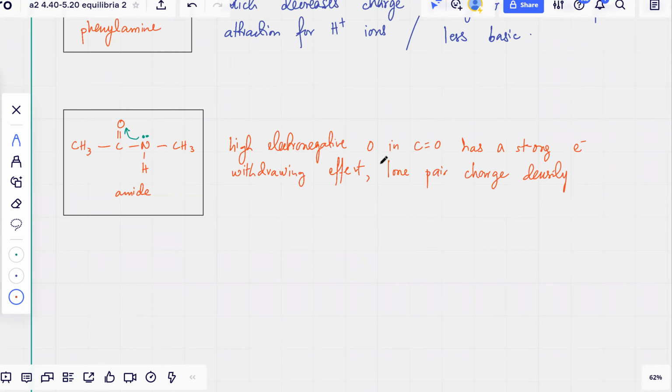So, a strong electron withdrawing effect, and the lone pair charge density overlaps with the pi electron cloud in the C double bond O. Therefore there is no attraction for H plus ions because they're not even there. Okay, so it's not basic.